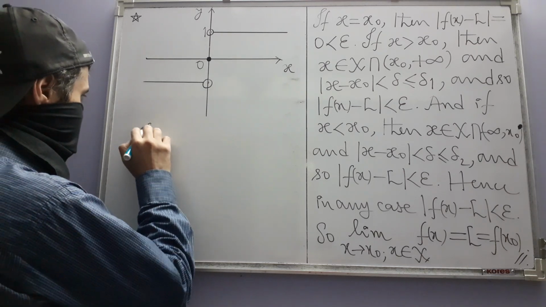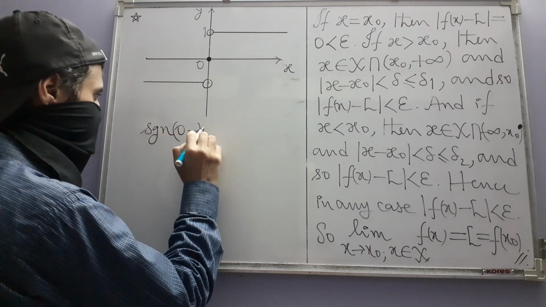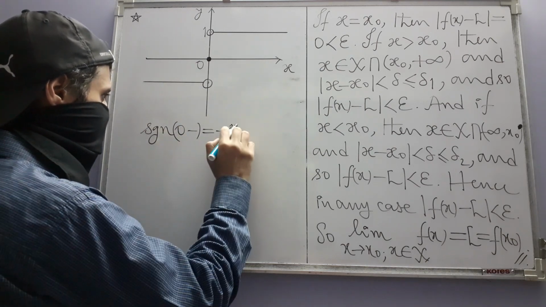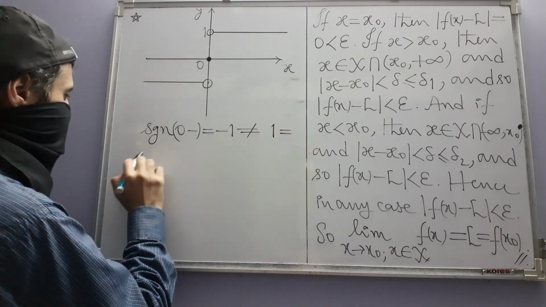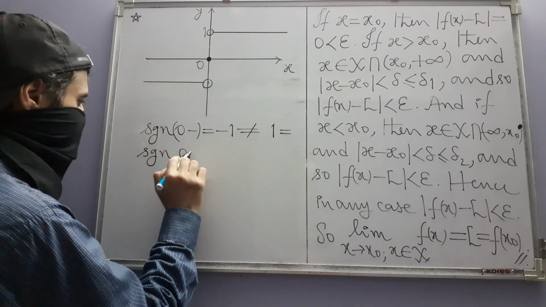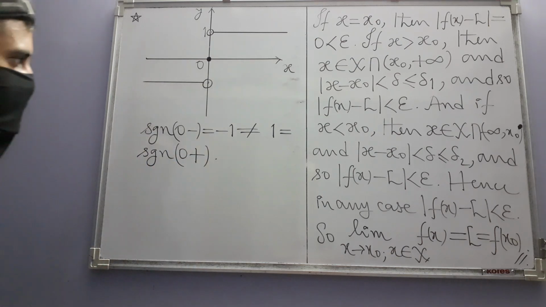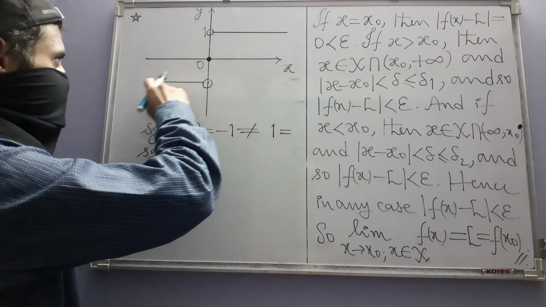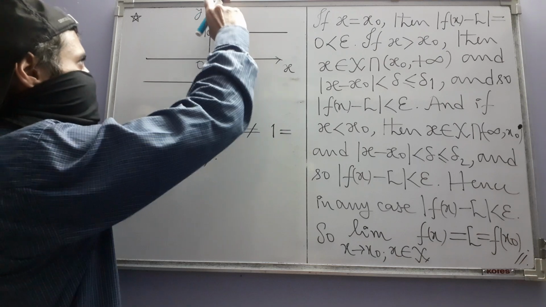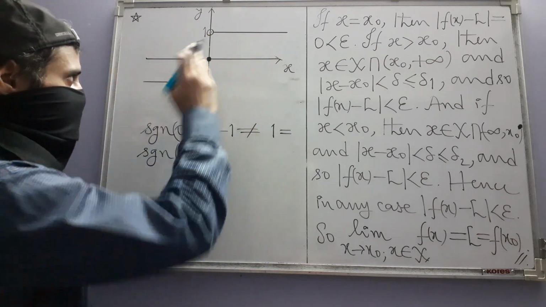So the situation here is this. This is -1, which is not equal to 1, and 1 is the right limit of SGN at 0. So it's not continuous at 0, and there is a sudden jump in the graph as the input crosses 0.